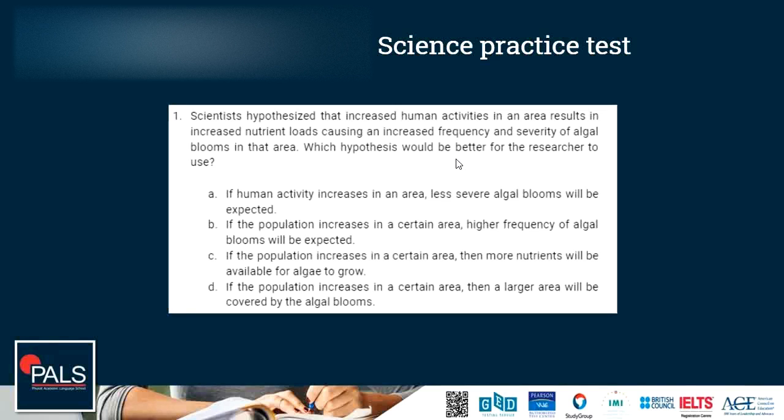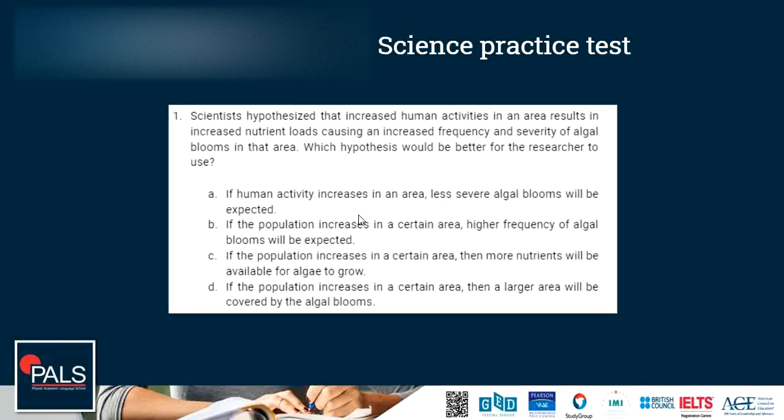So we have a chain of things happening here, and we can leave one of these factors out in our hypothesis, because in this case A, our human activity, leads to B, which is the increased nutrient loads, which leads to C, which is the increased frequency of algal blooms. So in the end we can take a shortcut and say A leads to C instead of A leads to B leads to C, and that's the refined hypothesis, which would be better in this case.